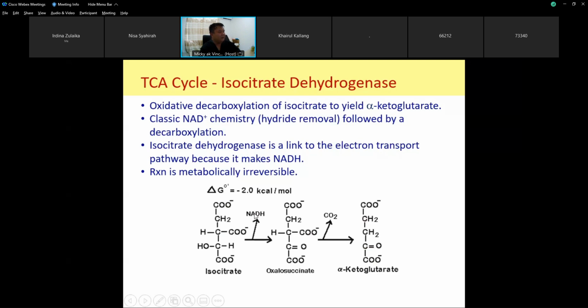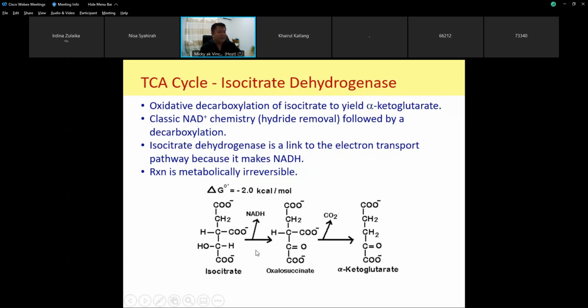Between isocitrate and alpha ketoglutarate, as I said earlier, there is also an intermediate, but we don't discuss it. Just know that there is an intermediate. Between isocitrate and alpha ketoglutarate, NADH is produced and CO2 is released.